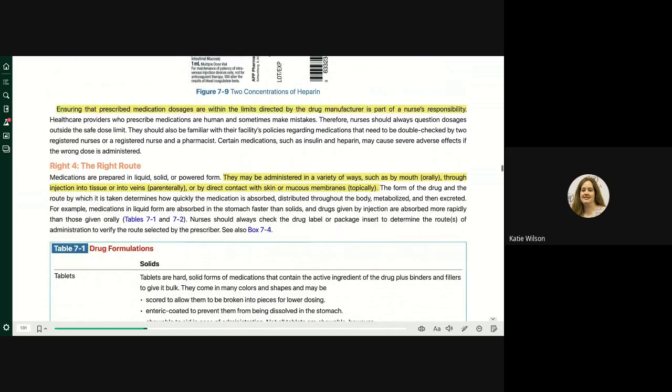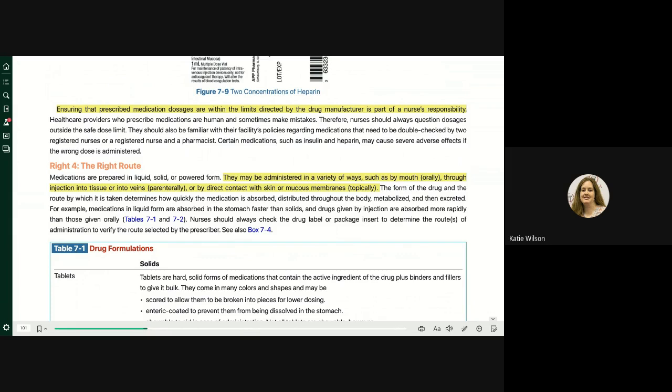In addition, you want to make sure that the dose that is prescribed is within normal limits. We're going to look at that a little bit later when we come back to class. We'll look at a drug resource, a drug handbook for nurses, and we'll look at different medications, and it will tell us what the minimum and maximum doses are for each medication.